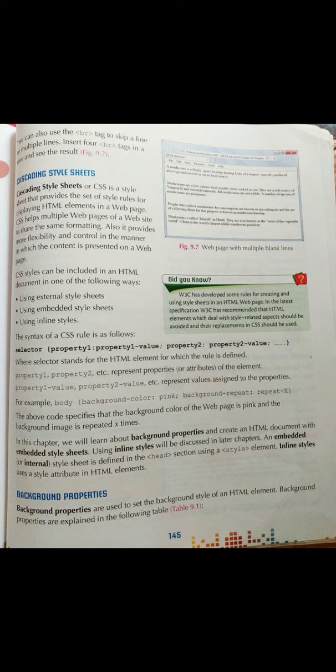Cascading Style Sheet or CSS is a style sheet that provides a set of style rules for displaying HTML elements in a web page. Different style sheets are provided for designing or displaying our HTML elements in a web page. CSS helps multiple web pages of a website to share the same formatting.